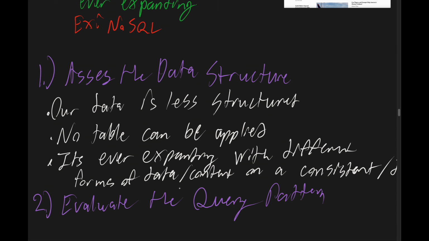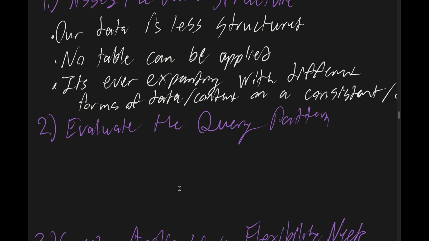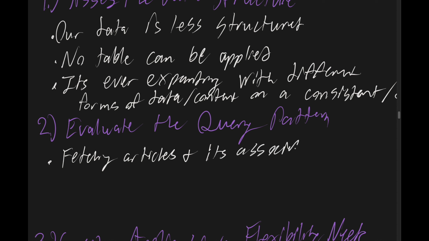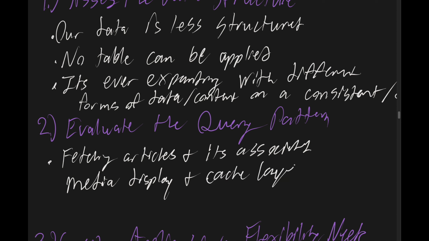And so in order for us to evaluate the query pattern, we need to consider a content management system fetching complete articles along with the associated data display. So fetching articles and its associated media, display, and cache layer.